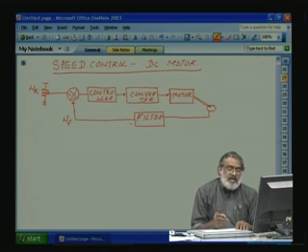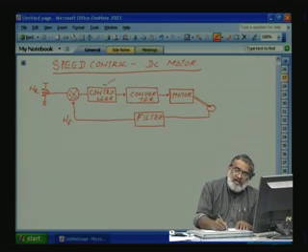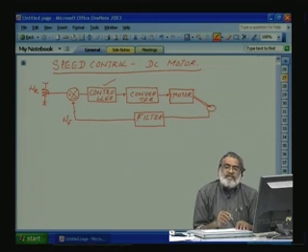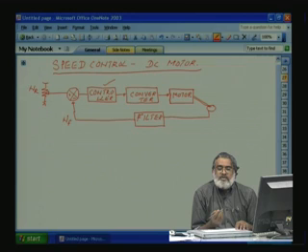Now the question is how to design our control. We should have an input output relation, that is a transfer function, a frequency response model, the frequency dependent model of the system. Based on that, we can find the total input output relation, output by input ratio, that is the transfer function.